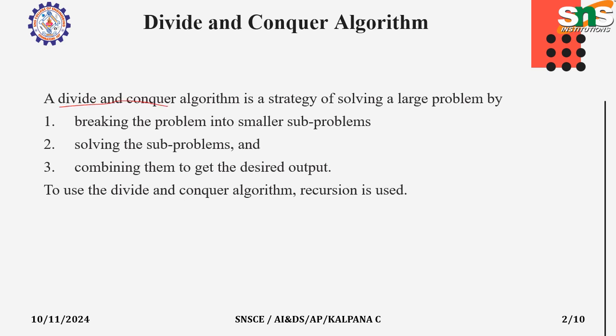So we are going to deal with the larger problem here. We have to break the problem into smaller subproblems. We are going to divide the larger problem into smaller subproblems, then solve the subproblems, then combine them.